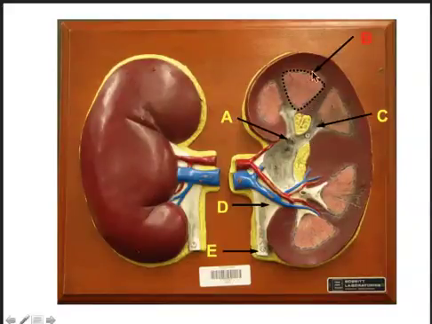B is pointing to a renal pyramid. So in this particular model, we can see 1, 2, 3, 4, 5 renal pyramids. D, again, is pointing to the renal pelvis. E is the ureter, and that takes care of all the structures on here.